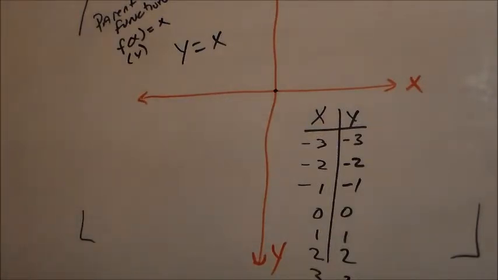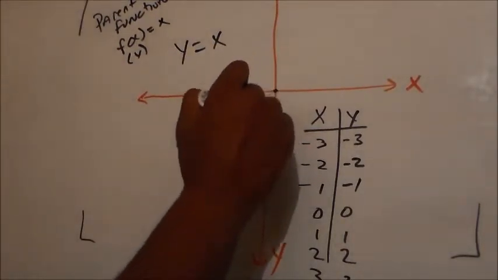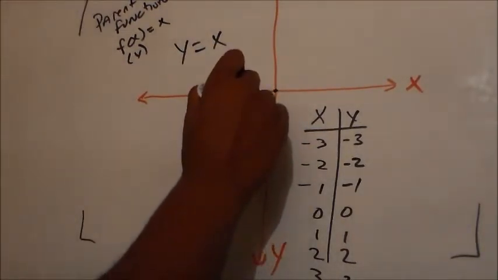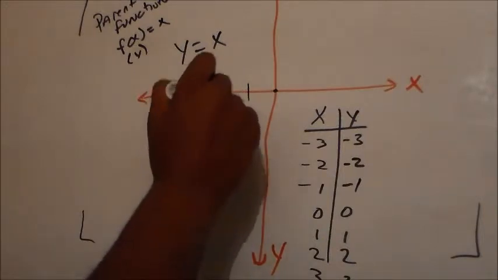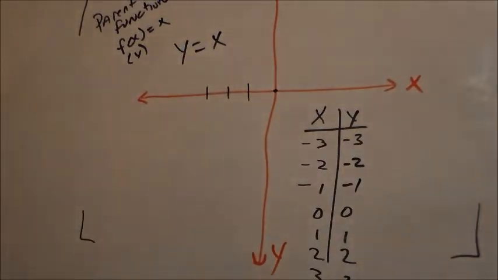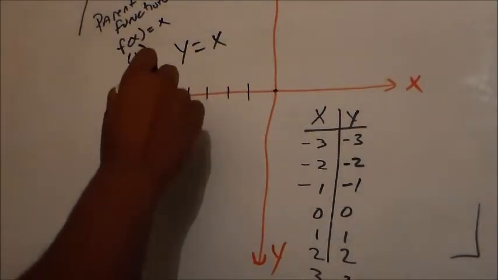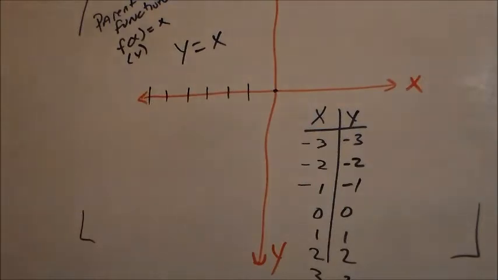Let's just say, I'm trying to make this 1, 2, 3, 4, 5, and 6.